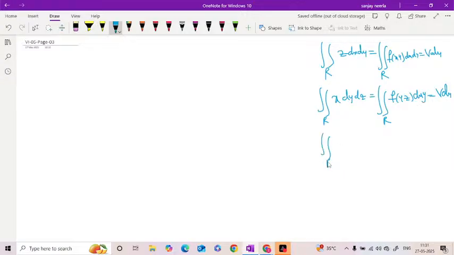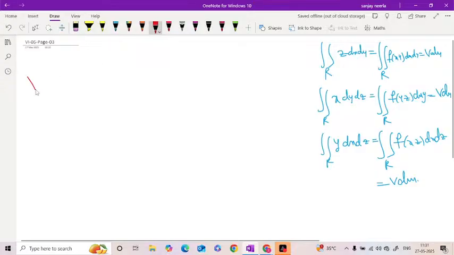Similarly, double integral of y dx dz is equal to the double integral of a function of xz dx dz, will get the value. So I am giving the homework question to you. So homework problem.